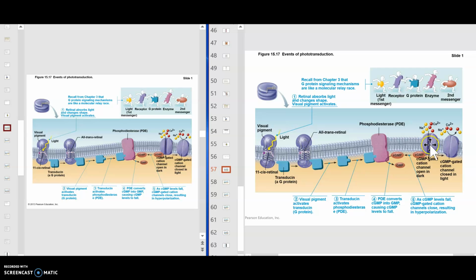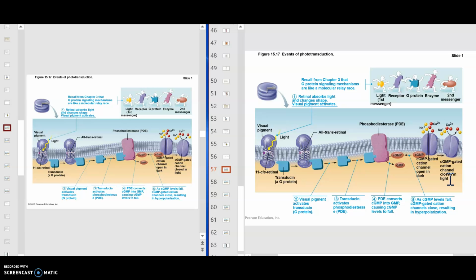So right here it is polarized at a negative 40. If I close this off, I'm not bringing positives in, and due to the potassium exiting and the large molecular anions, it's going to go more negative, to around a negative 70: hyperpolarization.